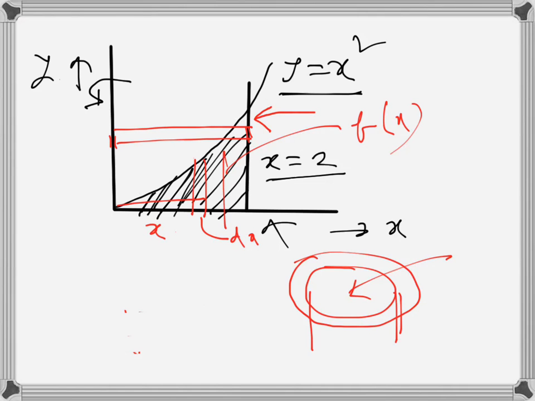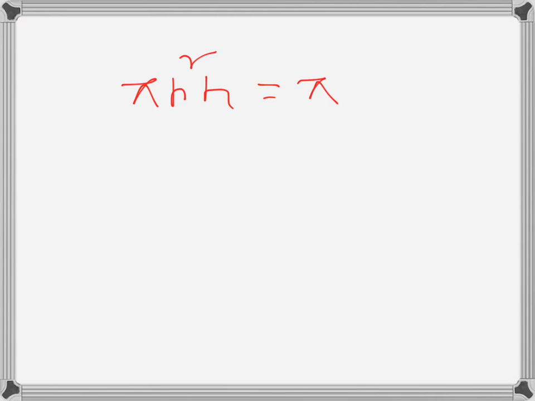The straight line x equals 2 goes up to y equals 4, not infinity, and is revolved around the y-axis.